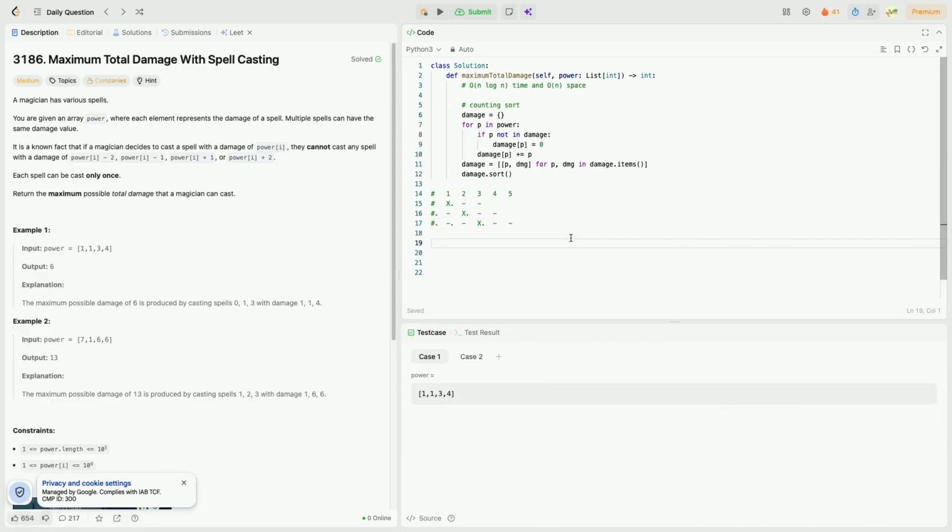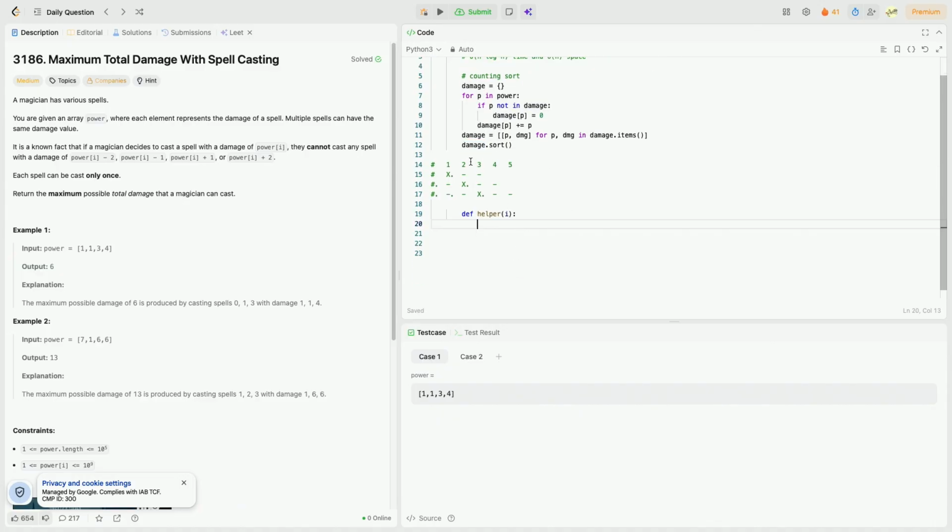Okay, cool. Right. So I'm going to do this in a recursive way. I'm going to need a little helper function, and the only thing that we need to pass to that helper function is an index that tells us where in our damage array we are currently, and then from index I, we're going to pick the damage at that index, the next index, and the one after.